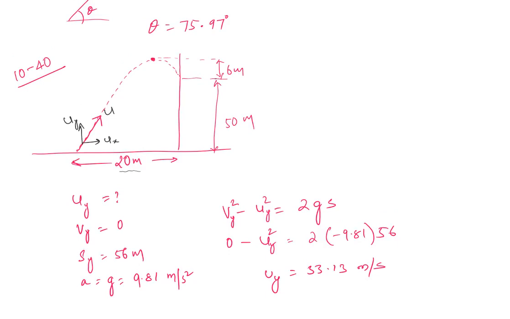Because when it reaches the height of 50 meters, that is when it has reached a horizontal distance of 20 meters. If we find the time for it to get here, 50 meters, that is the same time it has taken to reach 20 meters, and 20 meters in this much time will give us ux.